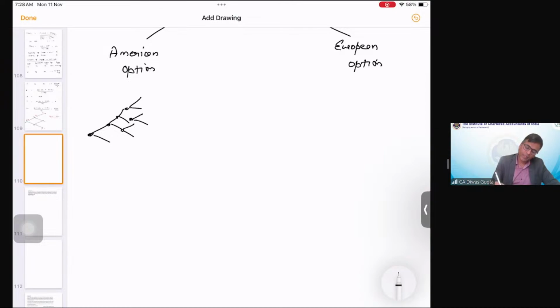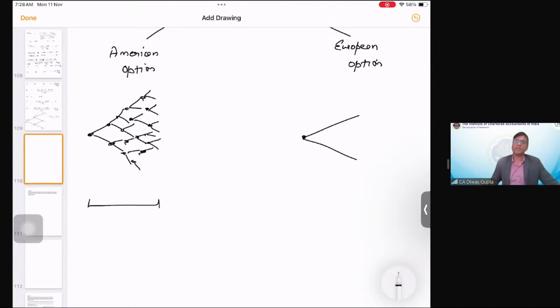I'm just denoting it so that it's clear. But European will only have one increase or decrease over the period of time. This is linked to the expiry period.